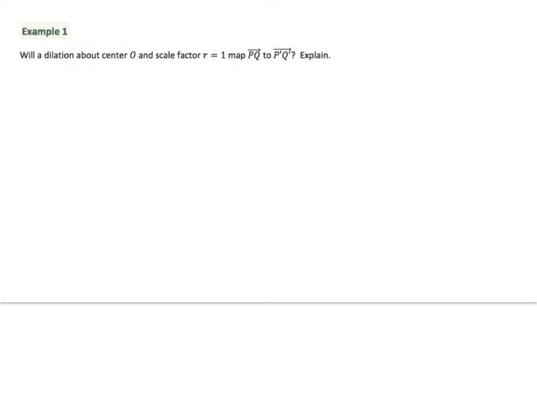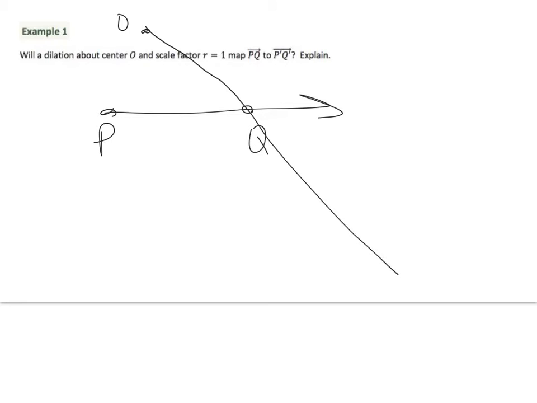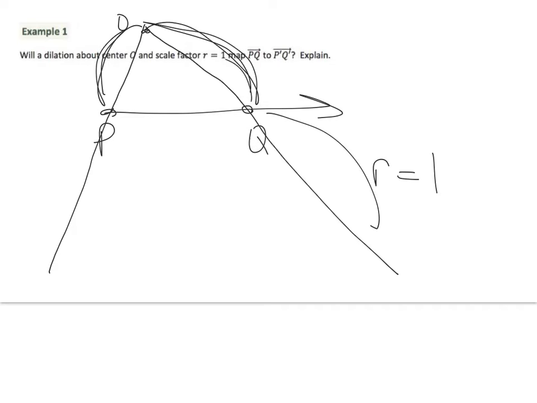Okay, so example 1. Will a dilation about center O and a scale factor of r equals 1 map ray PQ to ray P prime Q prime? If we have our center and we draw our rays out, what if I have a scale factor of 1? If I measure this, I can't double it, I can't halve it.